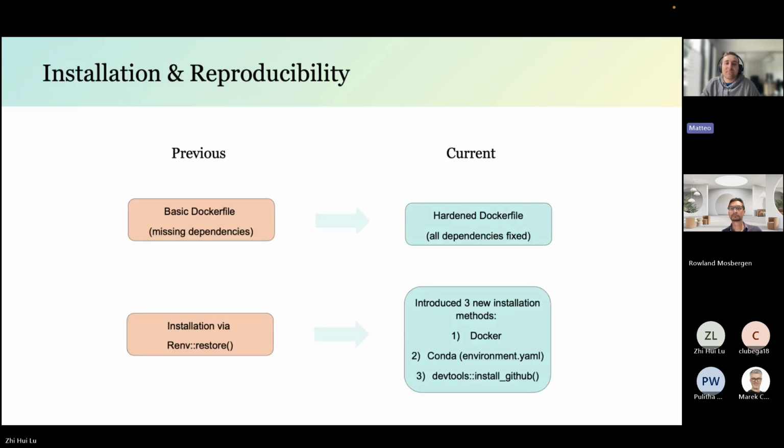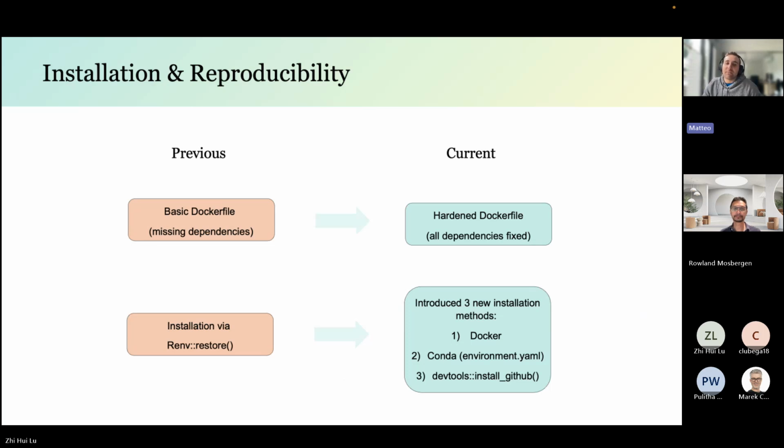So, as I said before, the previous group built a Docker file, but it wouldn't build the image because there were missing dependencies. So we added the missing dependencies to the Docker file, and now the image can be built and run.